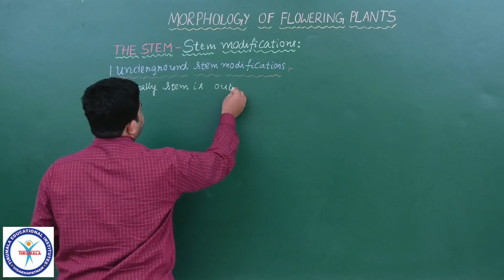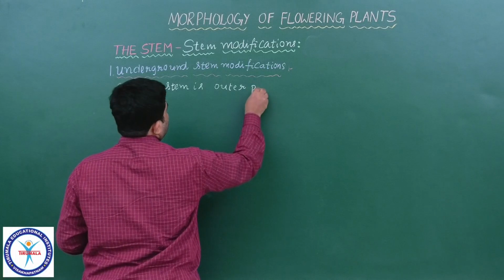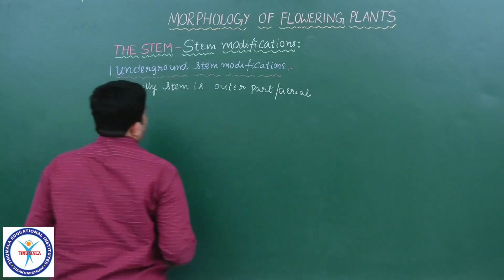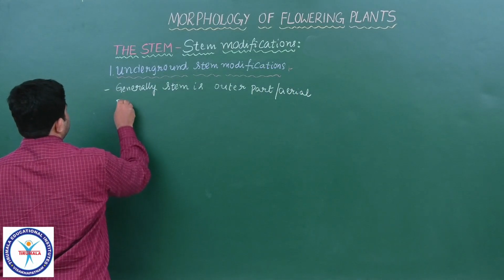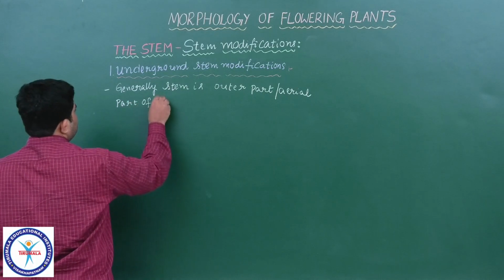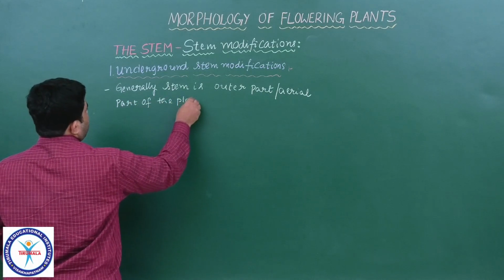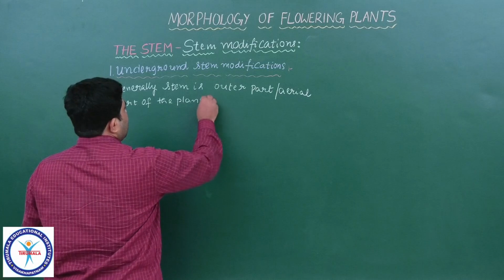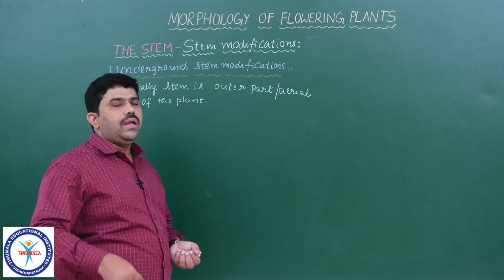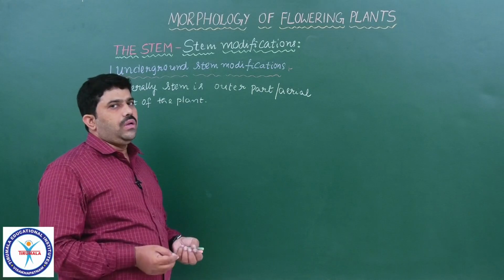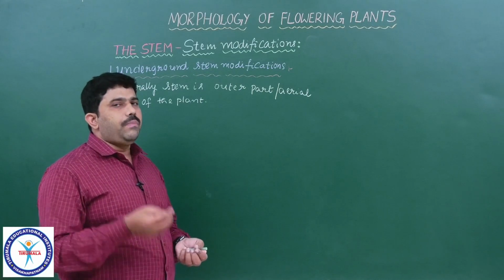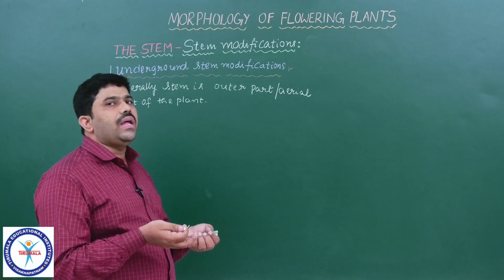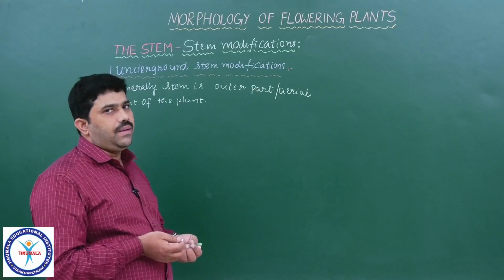the outer part, or aerial part, of the plant. But in some plants we see the stems growing and located inside the soil, under the ground. The maximum portion of the stem is present under the ground, contrary to the normal aerial habit of the stem.